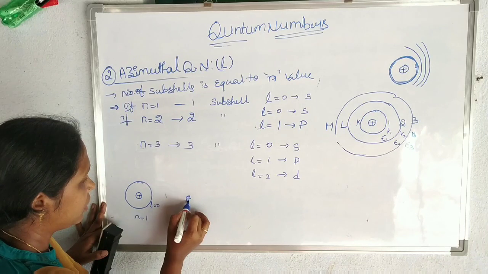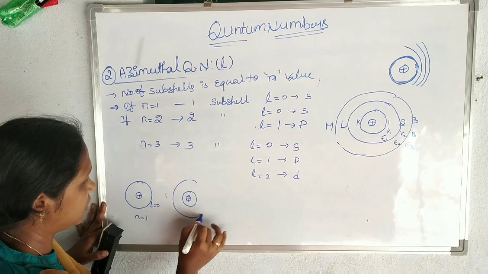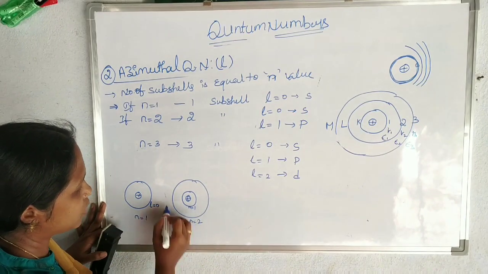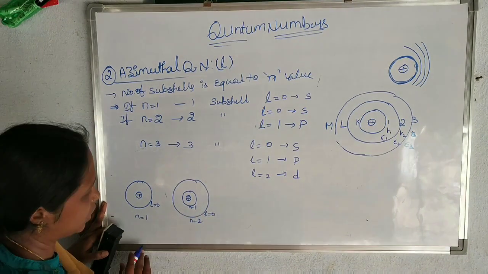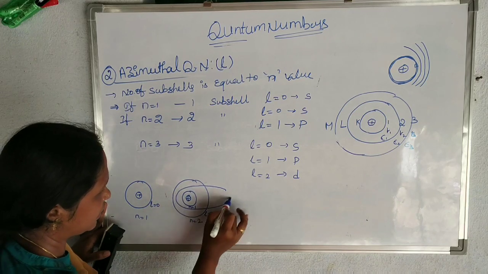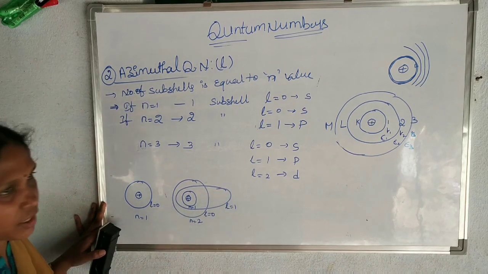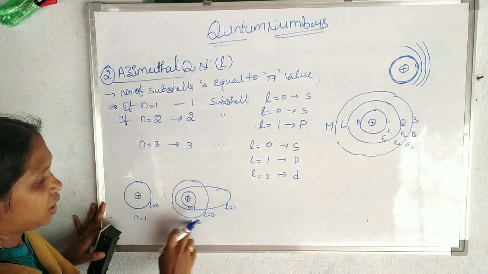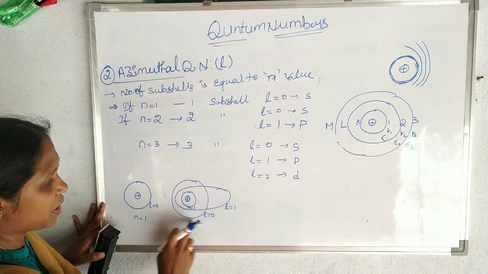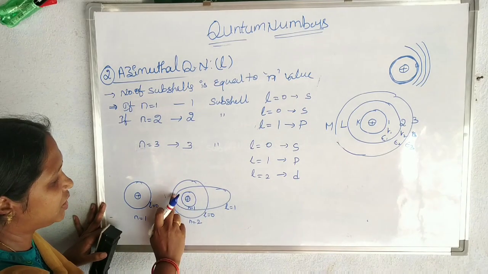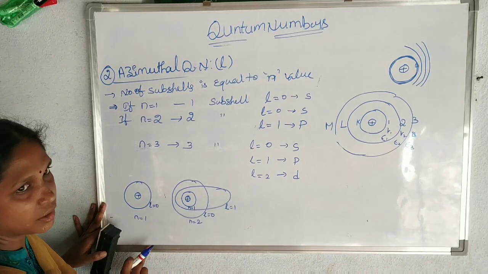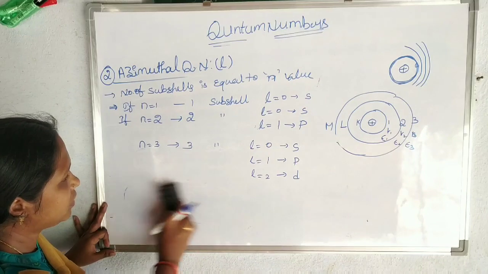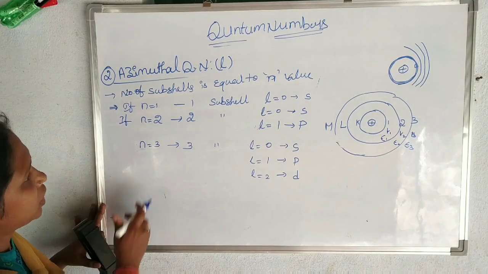Going to the second, n equal to 2 means it has 2 sub-energy levels, one with L equal to 0 and another with L equal to 1. So if an electron is continuously rotating in a circular path, its path will be deviated and form an elliptical path. This is the azimuthal quantum number.